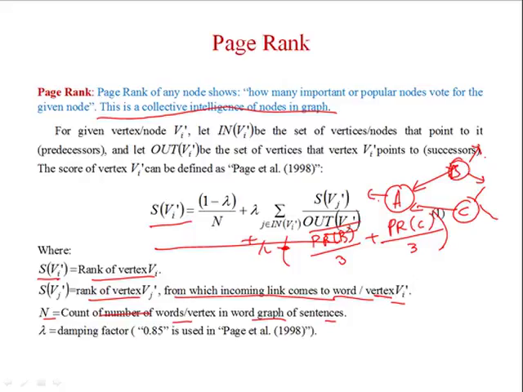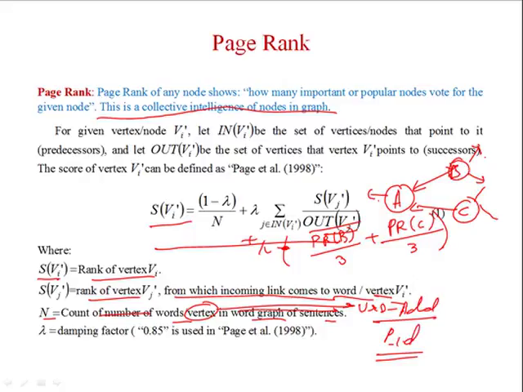In case of search engine ranking, we treat a vertex as a URL address or page ID of the particular page.